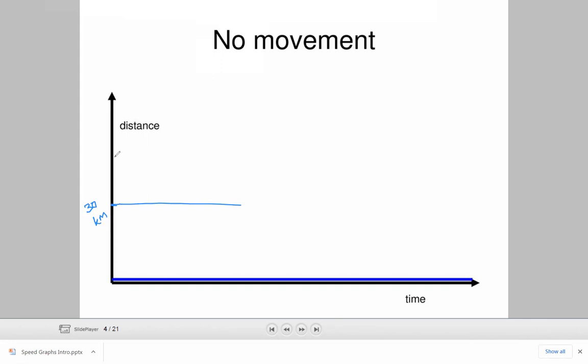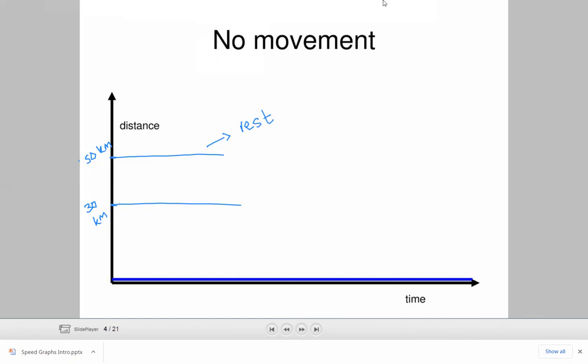If your car was at a mark of 50 kilometers, you're going to have a straight line starting from here. So what you need to remember is a horizontal straight line parallel to the x-axis on the distance time graph represents when the object is at rest or stationary. I hope this is clear.